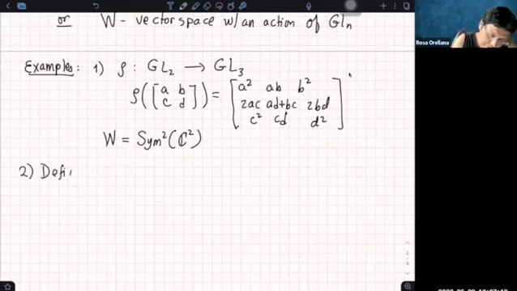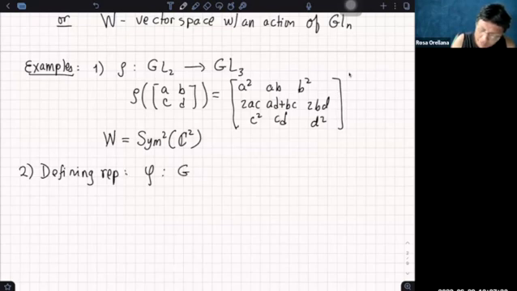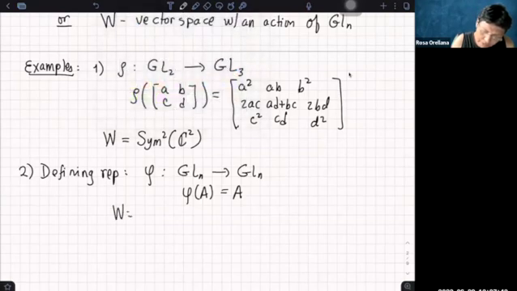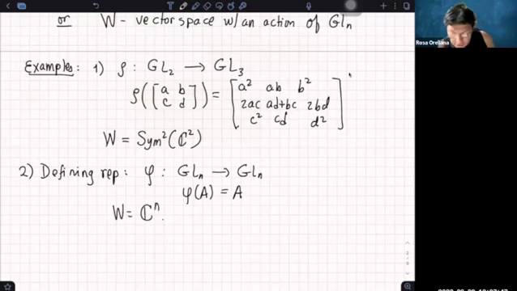So the defining representation, which I'm going to call phi because I will be referring to it, is for any n, GLN to GLN, and what it computes is just itself. And in this case, the vector space that corresponds to it is just Cn. I'm talking about complex representations all throughout, as you can see.